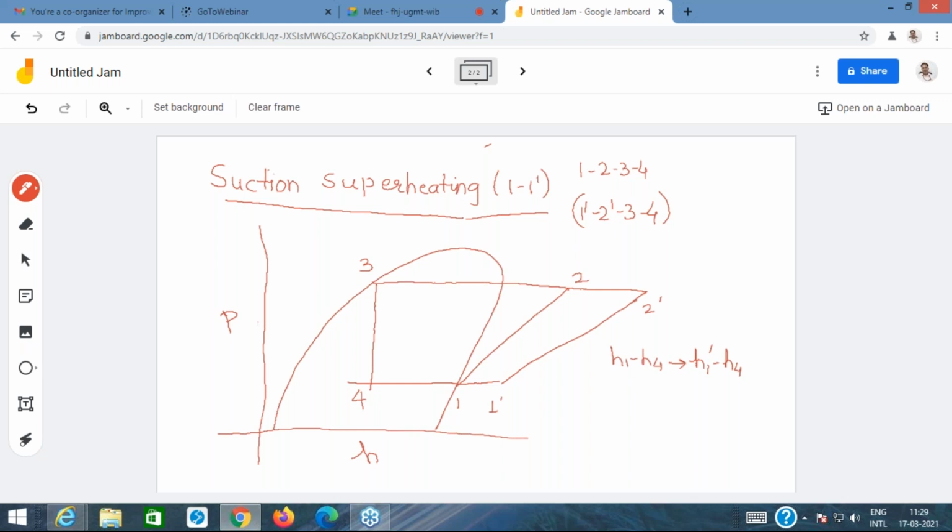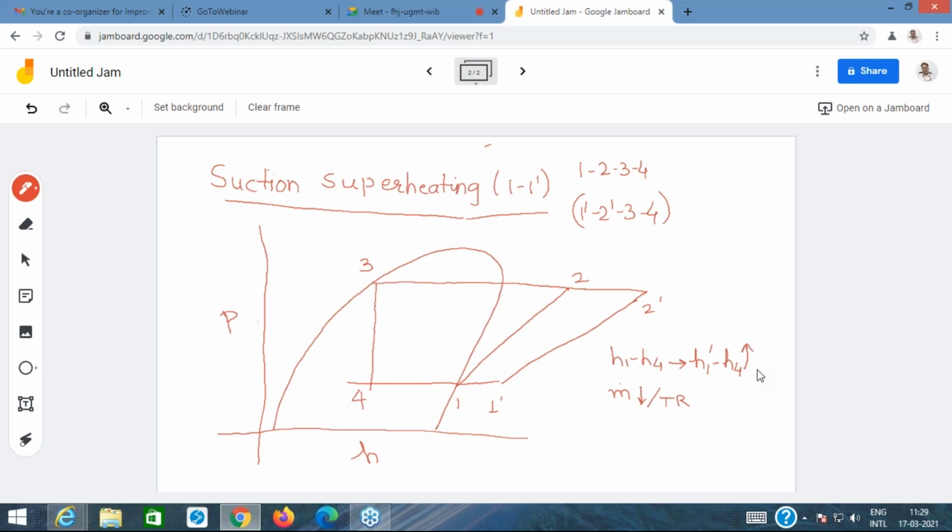And if there is an increase in the specific refrigerating effect, you understand that for a given capacity of the machine, for a given tonnage of the refrigeration system, the mass flow rate of the refrigerant would reduce. So the mass flow rate of the refrigerant per TR would reduce, as the specific refrigerating effect would increase.